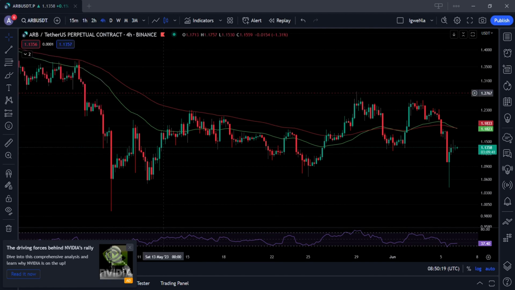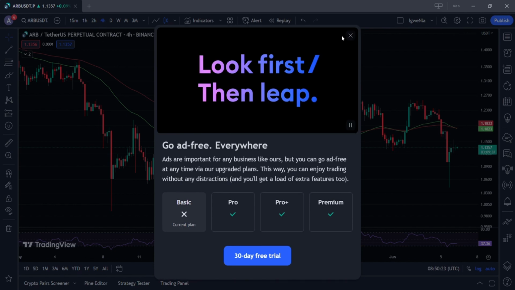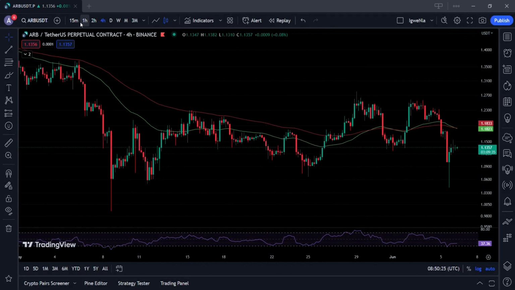Okay, now we're starting from the time frame. I use the 15 minutes, the 1 hour, the 2 hour, the 4 hour, daily charts, weekly, monthly, and 3 months. If you want to add more to this time frame, you click on this drop box. Then you see more.